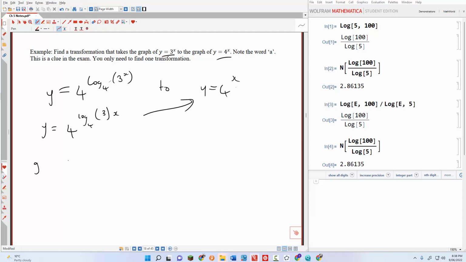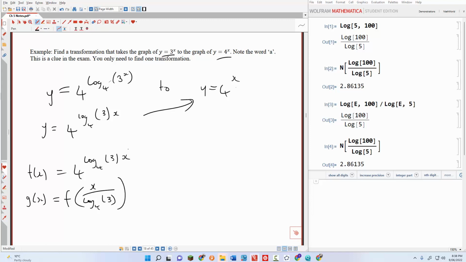Okay, so again, let's call this one here f of x equals 4 log 4 3x, and I want to create this function here, g of x. What do I need to do to f of x? I think I need to sub in x over log 4 3.